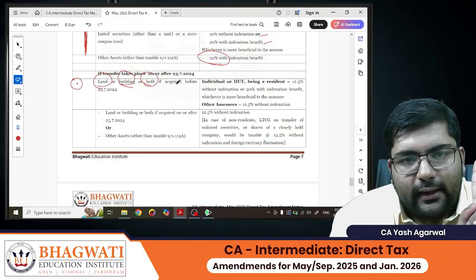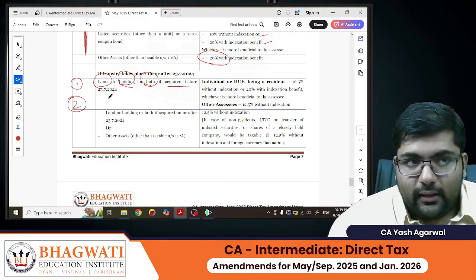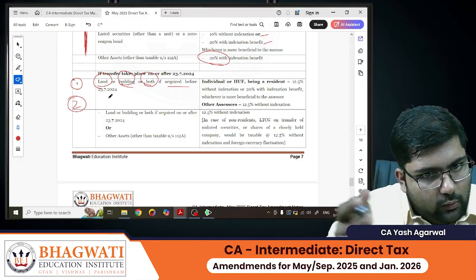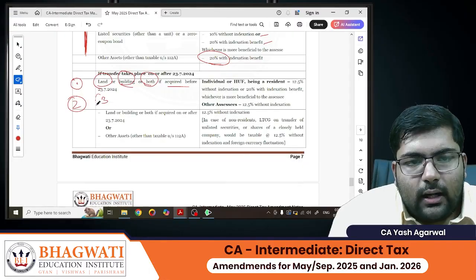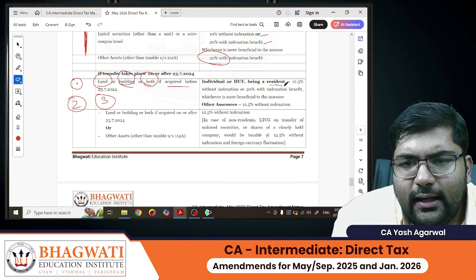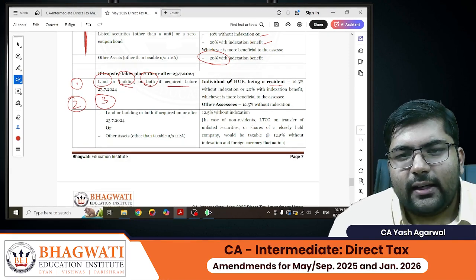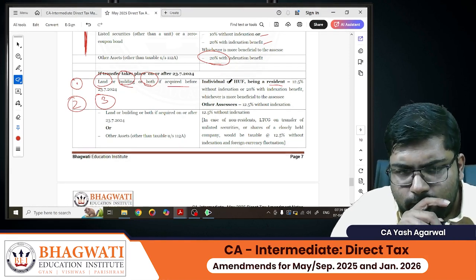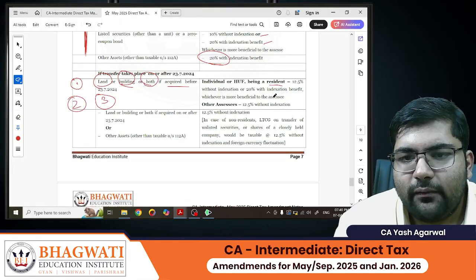Point number two, it has to be acquired before 23rd July 2024. Before 23rd July 2024, not on or after, before. Point three, the transfer has to be made by a resident individual or resident HUF. Then the rate of tax would be 12.5% without indexation or 20% with indexation, whichever is more beneficial.